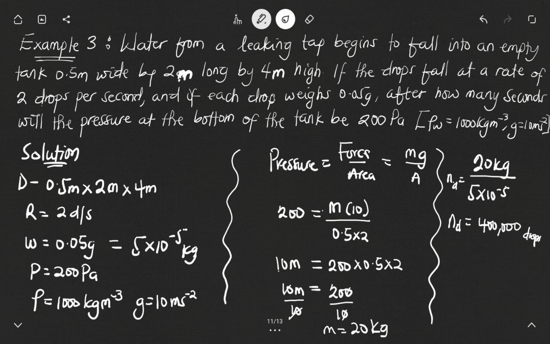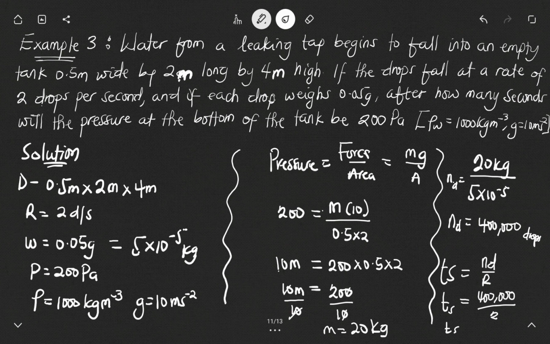So the time in seconds, let me make it TS, will give me ND, the total number of drops, divided by the rate. So our time in seconds will be the ND, which is 400,000, divided by the rate, which is 2 over here.